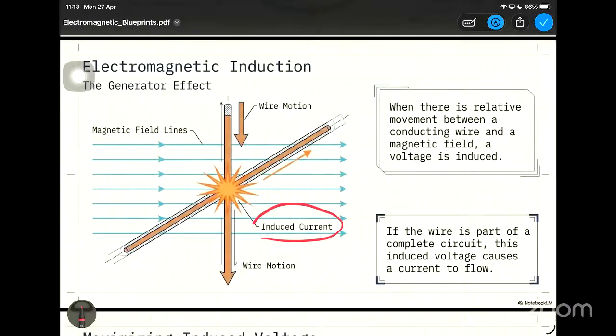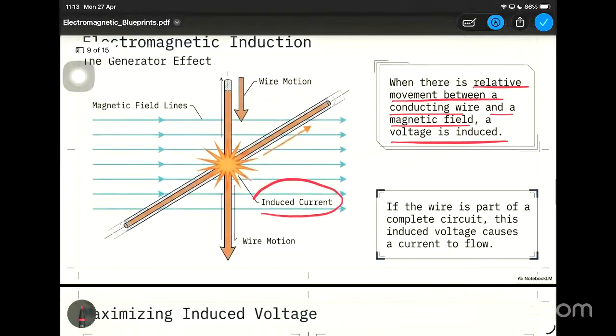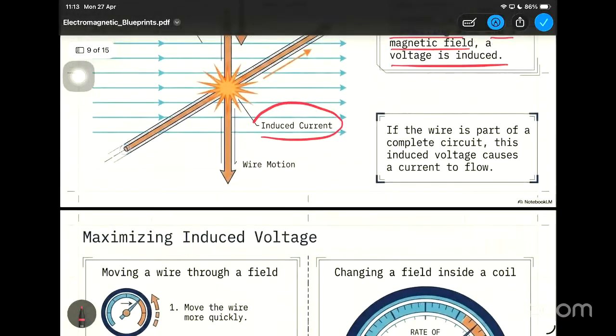When there's a relative movement between a conducting wire and a magnetic field, the voltage is induced, right? Induced voltage is being generated. If the wire is part of a complete circuit, this induced voltage causes a current to flow.